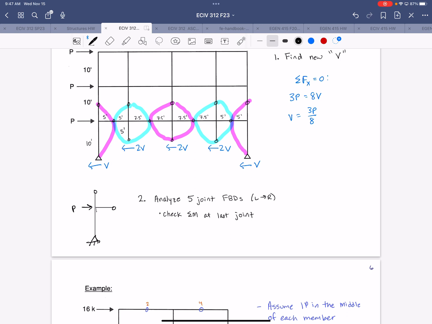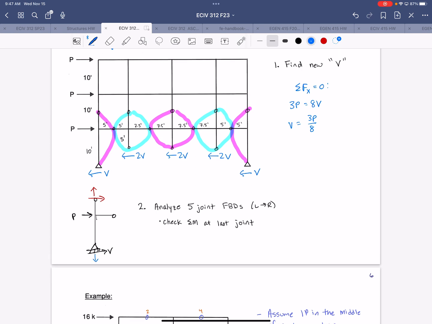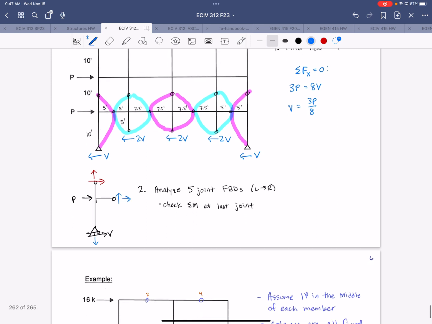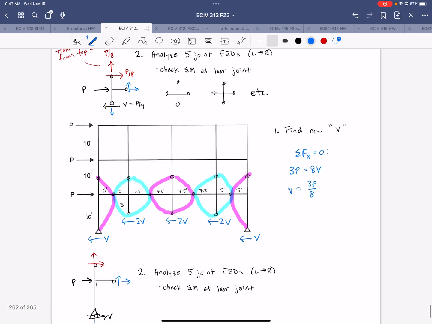So don't forget about the P, and you'll have your forces from above. And the unknown forces at the hinge. Okay, questions so far?